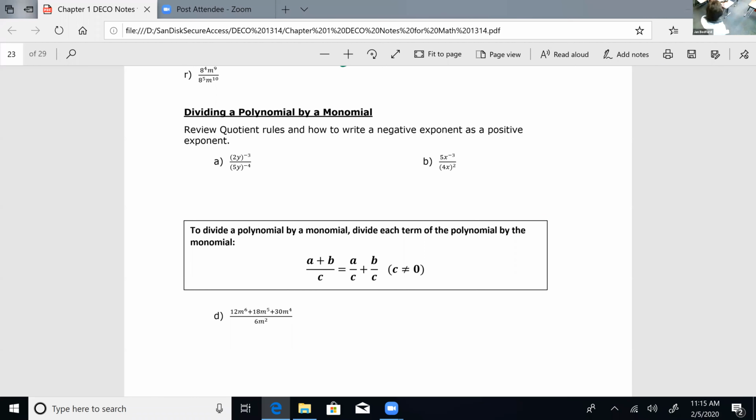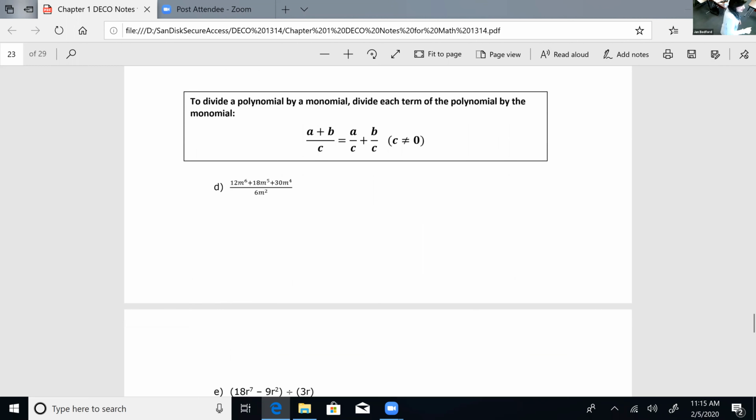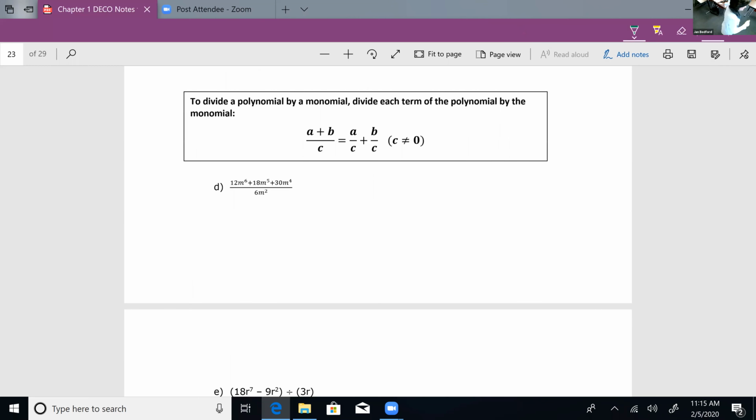If you have polynomials and they're divided by a monomial, we can clean these up if we do this. Remember, for it to be put together with one fraction, it had to have a common denominator at some point, and then you could put all the numerator together and put it over the one fraction.